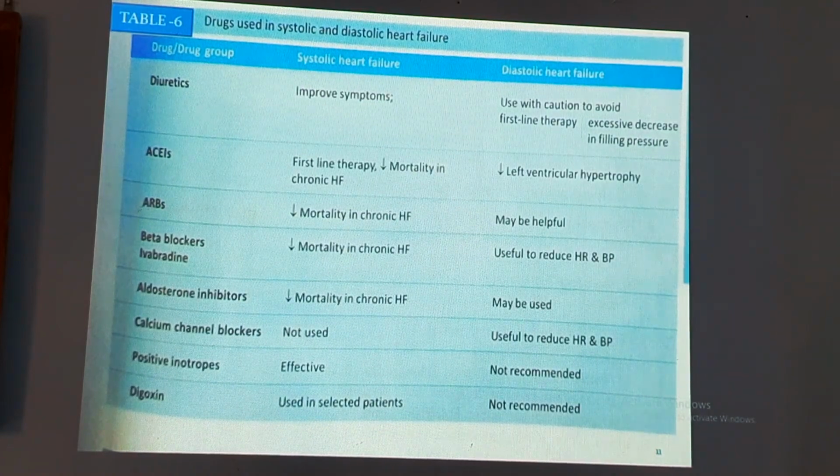Angiotensin receptor blockers decrease mortality in chronic systolic heart failure, and in diastolic heart failure may be used, helpful, but not so effective.